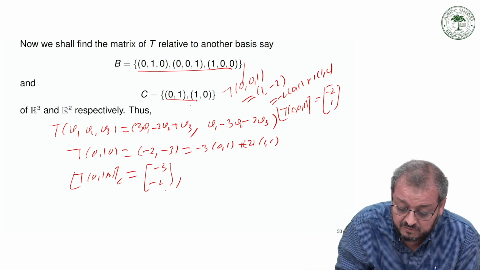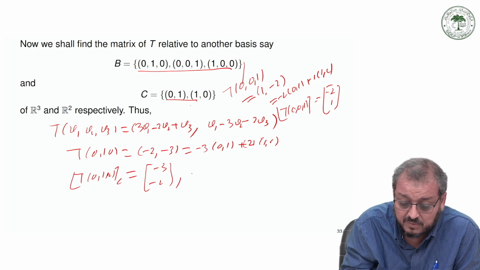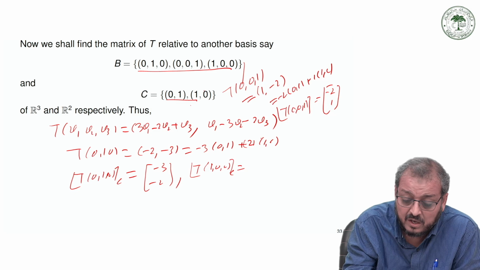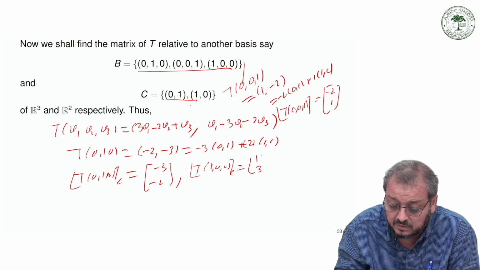In a similar fashion for V3, V3 is nothing but V1, so I directly write 1 0 0, in the basis C, which gives 1 and 3.